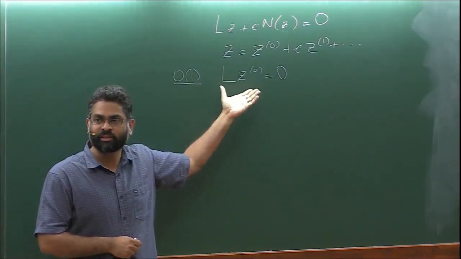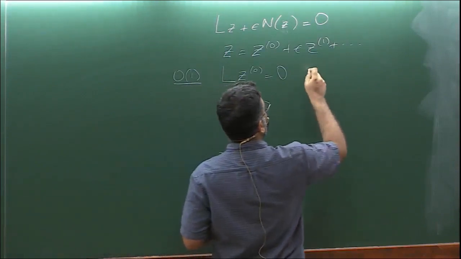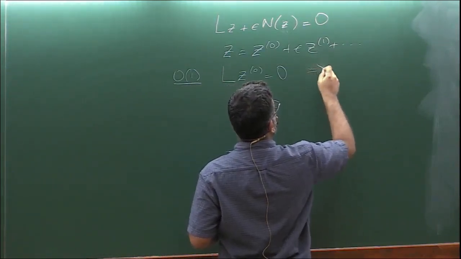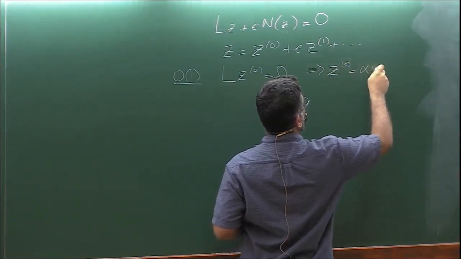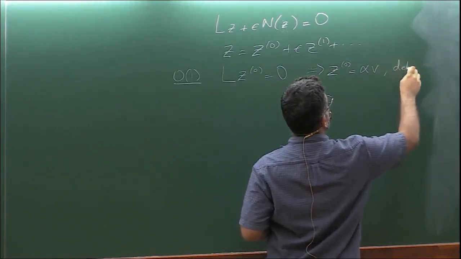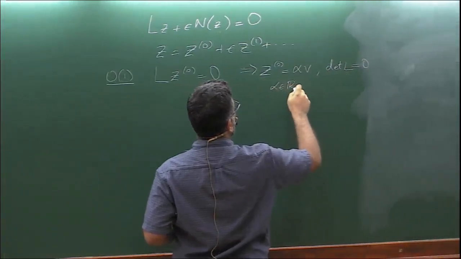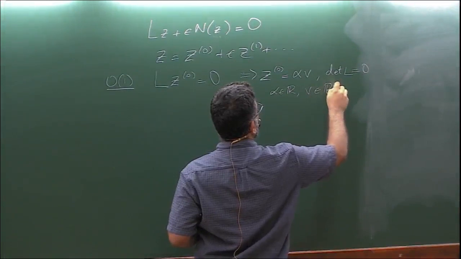So L must have a null space, otherwise you don't have non-trivial solutions. So this can imply, let's say, Z naught is some alpha times V when, let's say, the determinant of L is 0, where alpha is again a scalar, V is some vector in Rn.